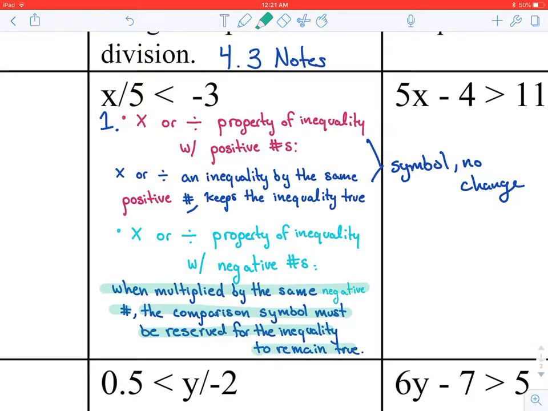So when you're multiplying by the same positive number, as in case 1, there is no change, but in case 2, when you multiply or divide by the same negative number, there is a change. Symbol reversed.